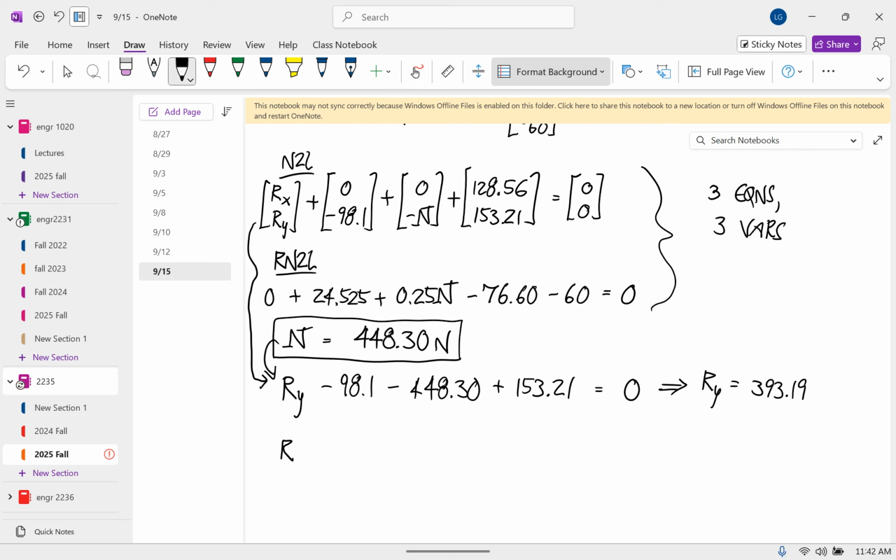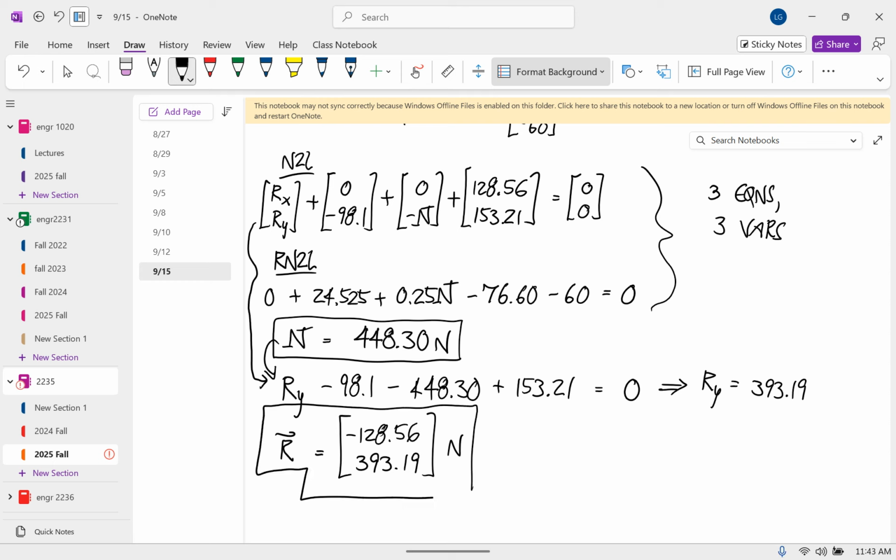And then our R vector is negative 128.56, positive 393.19. Okay, so that's how couples come into these calculations.